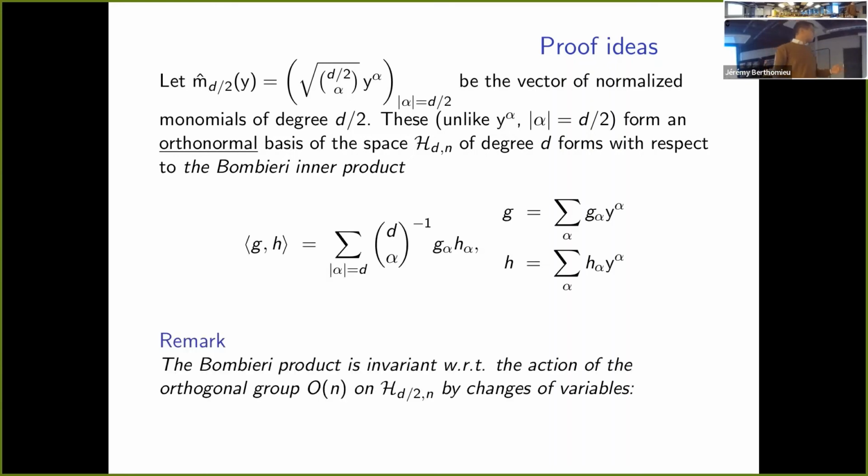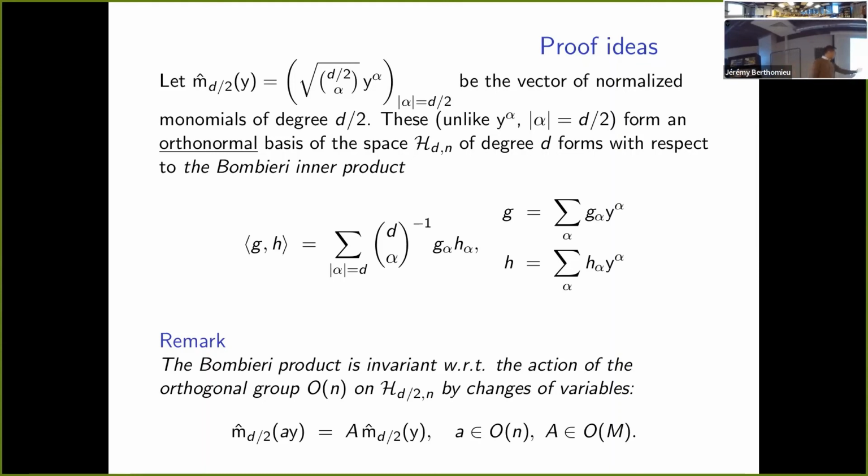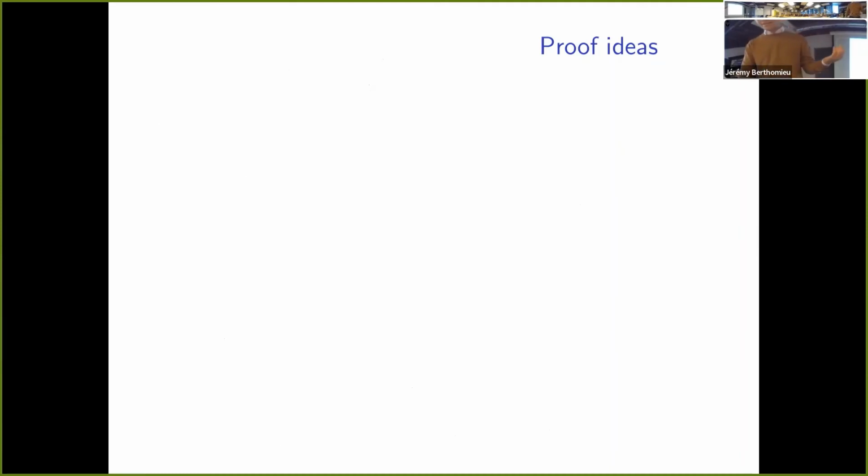And another nice property of the Bombieri inner product is that it's invariant with respect to orthogonal transformations, right? That means that if I transform the vector of normalized monomials by some orthogonal transformation, this amounts to applying a big orthogonal matrix to the vector of normalized monomials at point x, right? This is just representation theory of the orthogonal group.